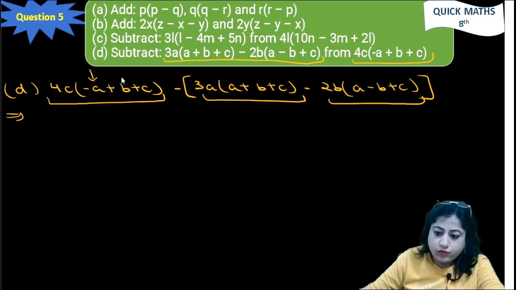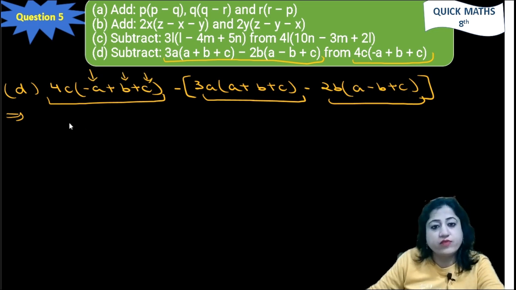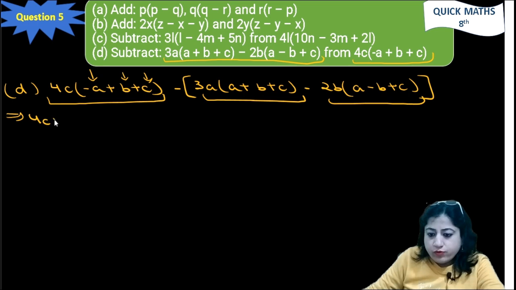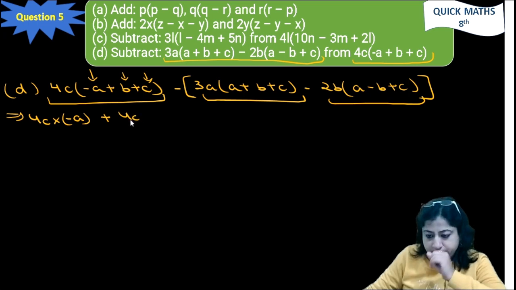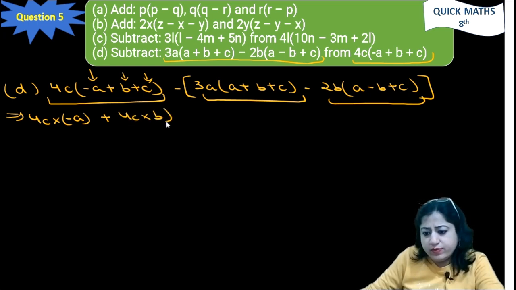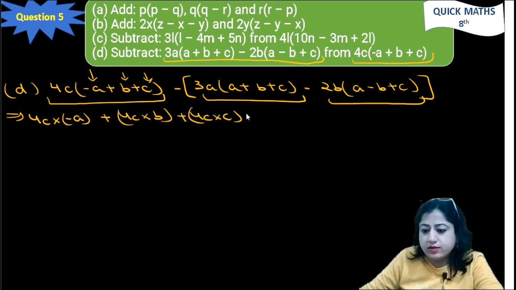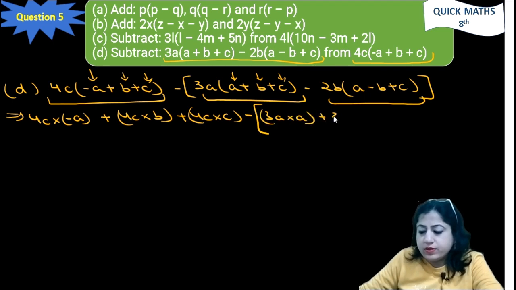The distributive law says that 4c will get multiplied with all the three terms one by one. So it will be 4c multiplied with minus a, plus 4c multiplied with b, plus 4c multiplied with c. Now minus, bracket start, 3a will multiply with a, b and c one by one. So 3a multiplied with a plus 3a multiplied with b plus 3a multiplied with c.